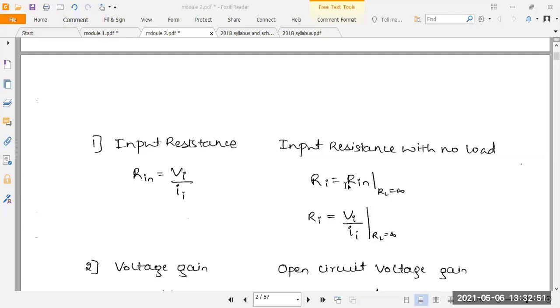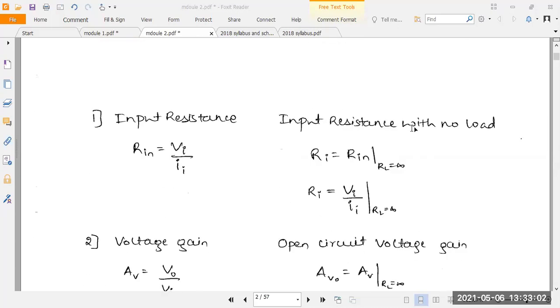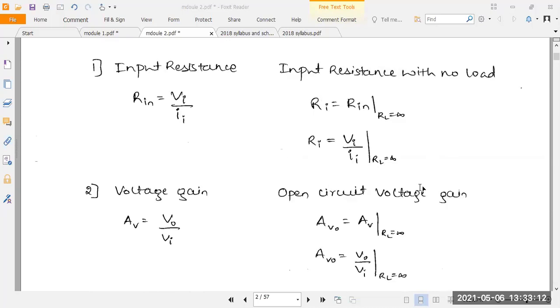According to Ohm's law, Vi divided by Ii when RL is infinity. In the exam, you have to write both equations for the input resistance and output resistance, with load and without load.